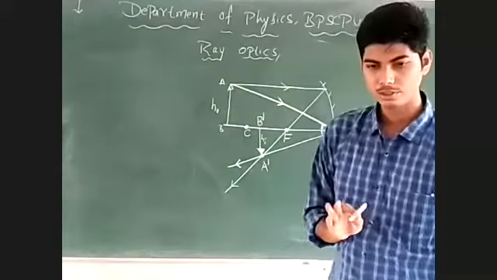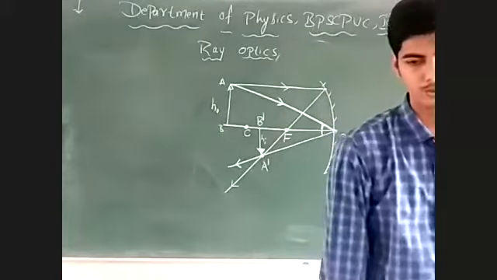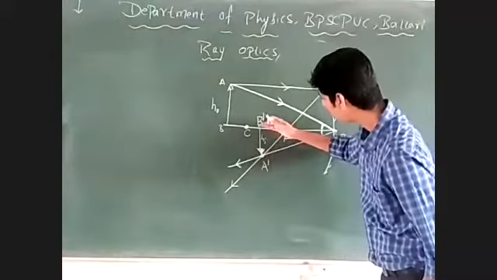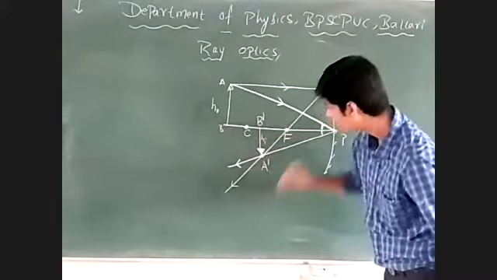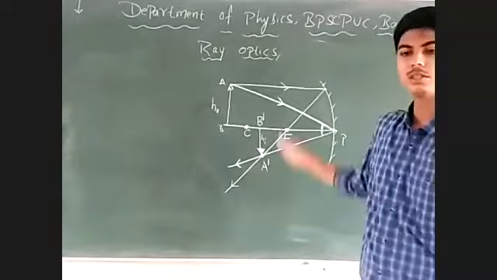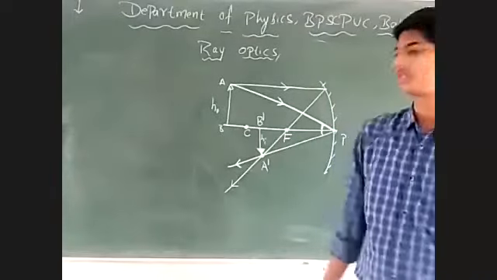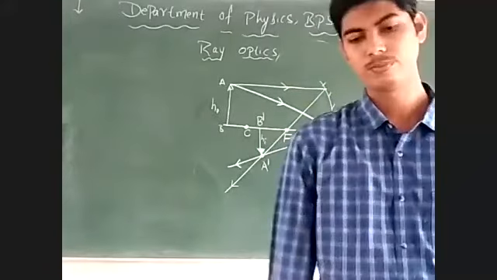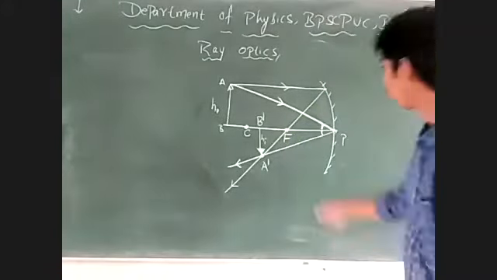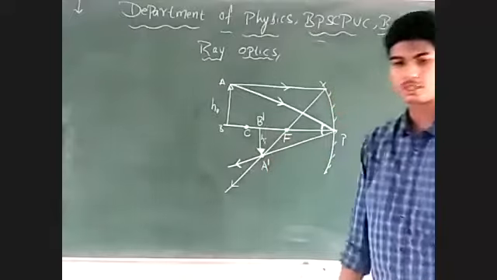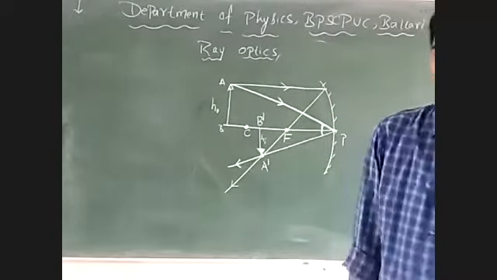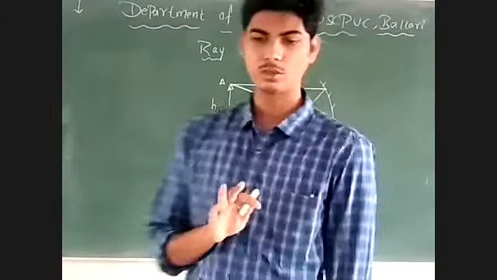Clear? Okay, good. How about the height of the image? In this case, the image is formed below the principal axis, so the height of the image must be taken negative.